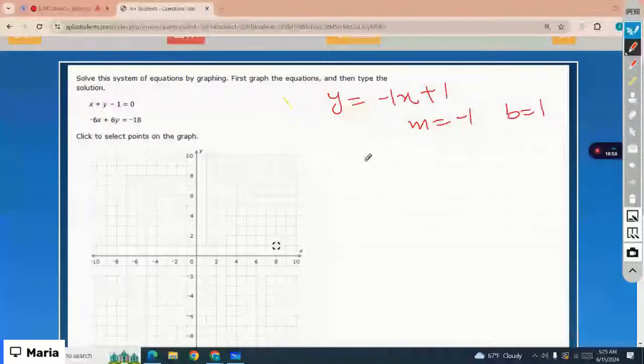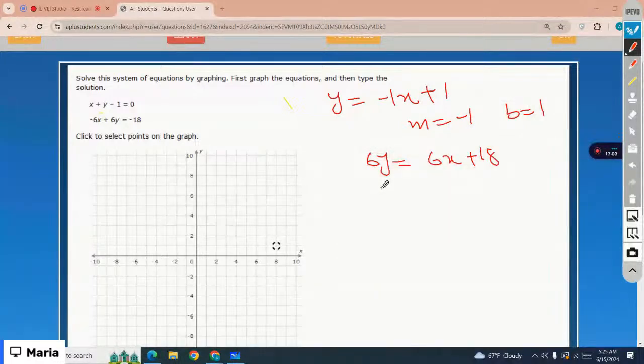The second one is 6y equals 6x plus 18. The slope is 1. The y-intercept is 3. Here is y equals 3, the y-intercept, right? Then you need to move up.